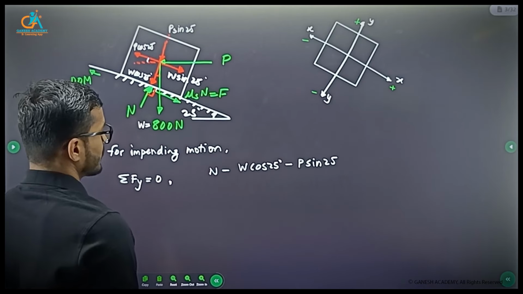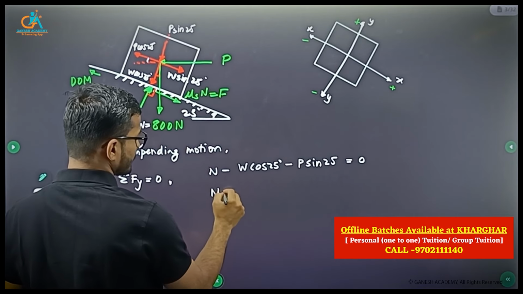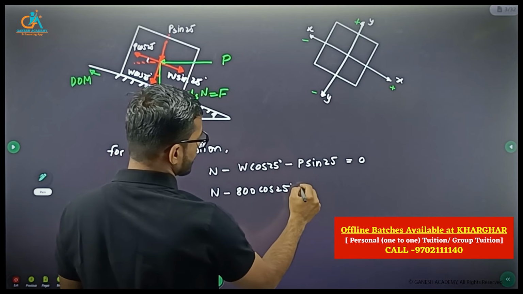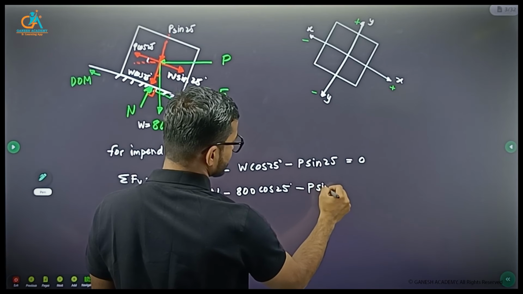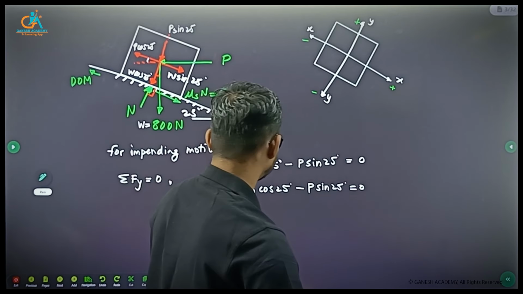Okay, where we know only weight, so 800 cos 25. P is also unknown, P sin 25 is equal to 0.